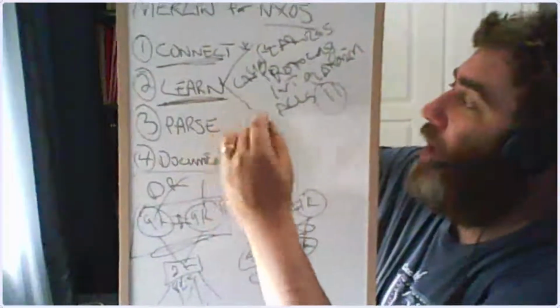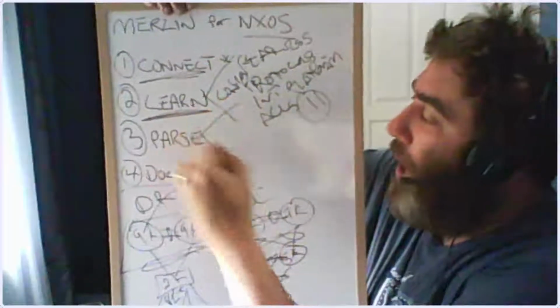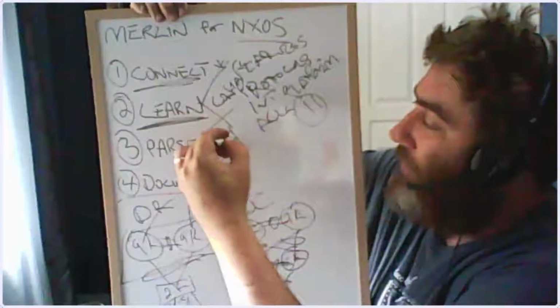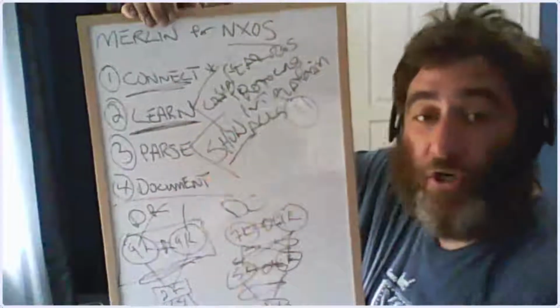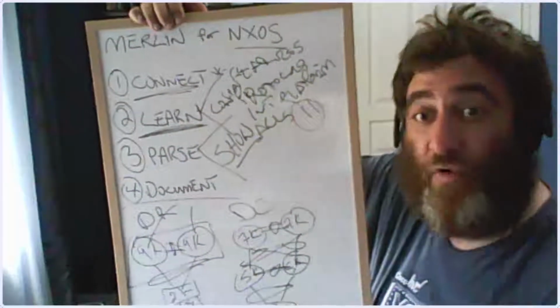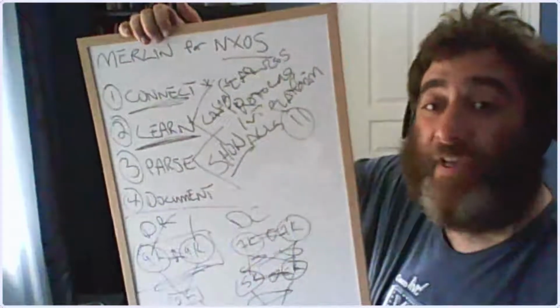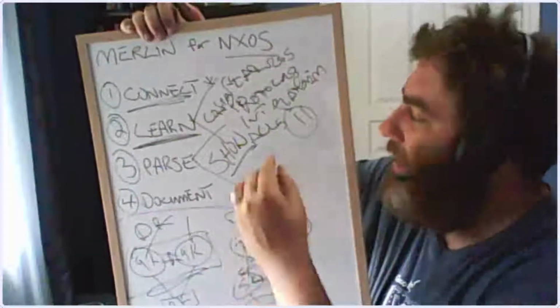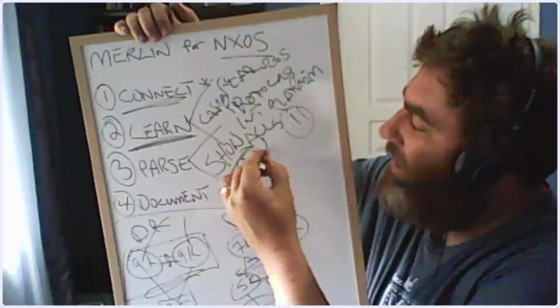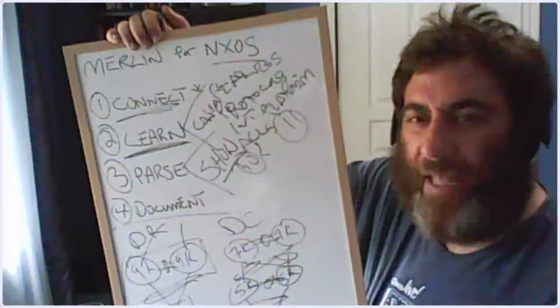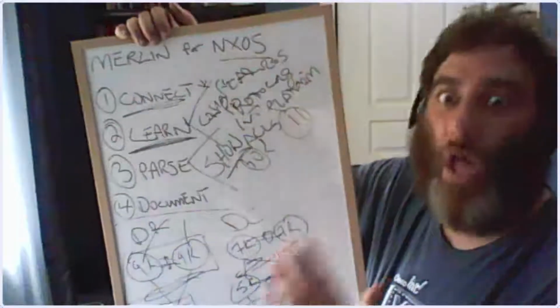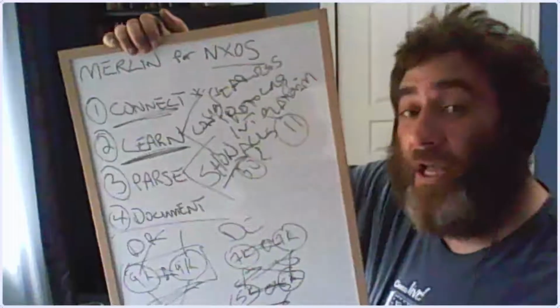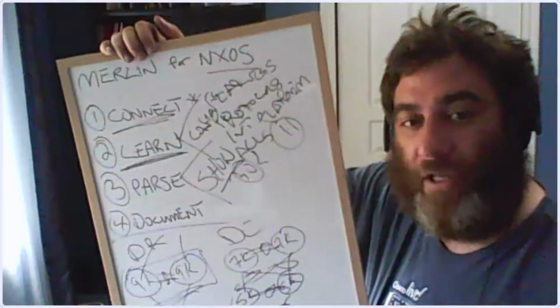So then beyond learn, we're going to parse. And parse is our show commands, our traditional show IP interface brief. And I don't know how many of these we'll have. We'll check. I think it's about 30. I don't know. We'll double check. That might be a bit high. 25. There's a lot of them, and I haven't finished them all yet, but I have a good collection of them started.